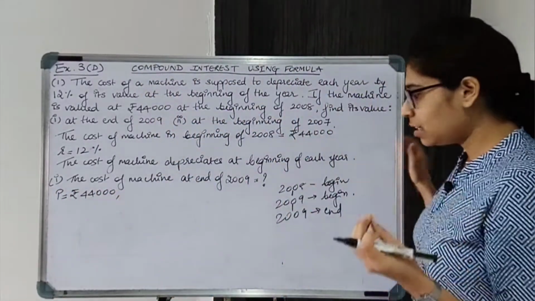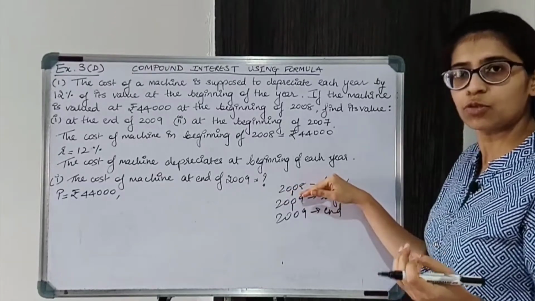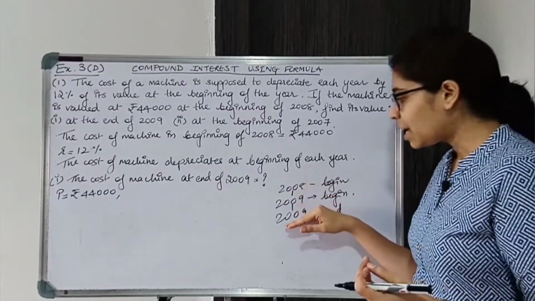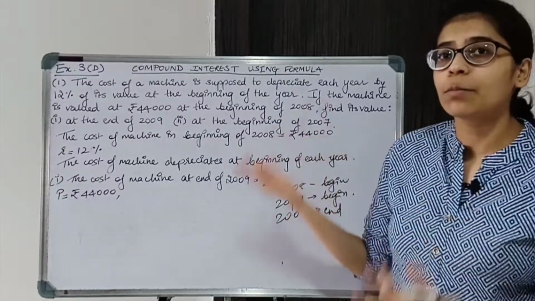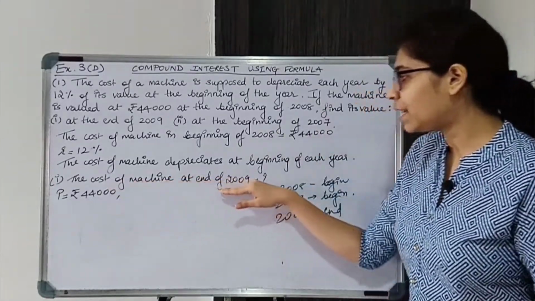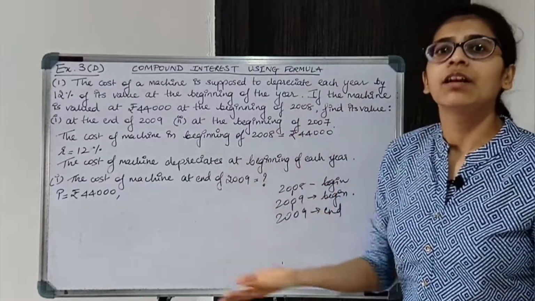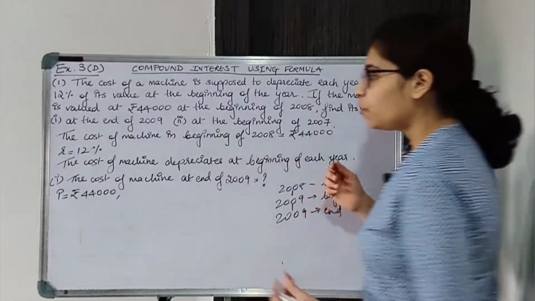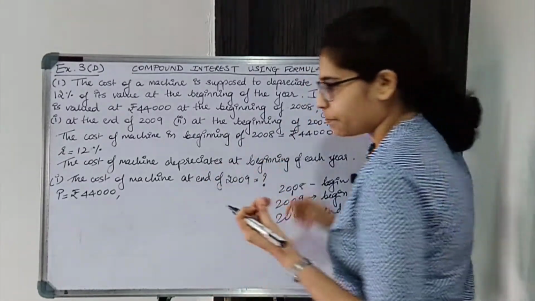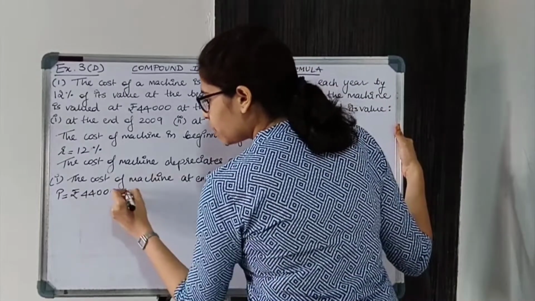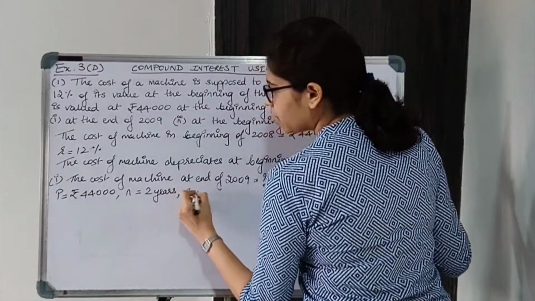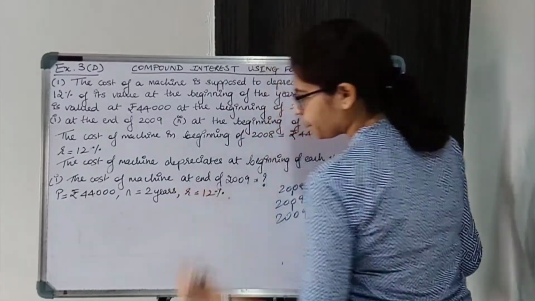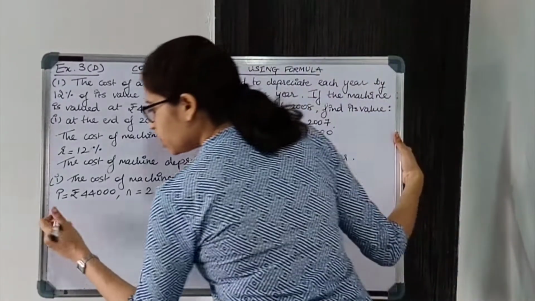The costing in the year before, the 2008 costing is given, and that will become the principal, and the costing in the year after becomes the amount. So the costing that you will get at the end of 2009 will be the amount. So we have to basically find the amount. Principal is 44,000, N is 2 years, R is 12%. Let us use the formula.